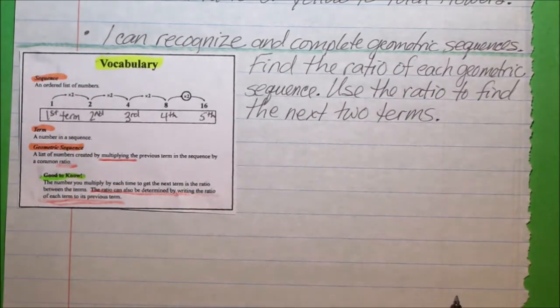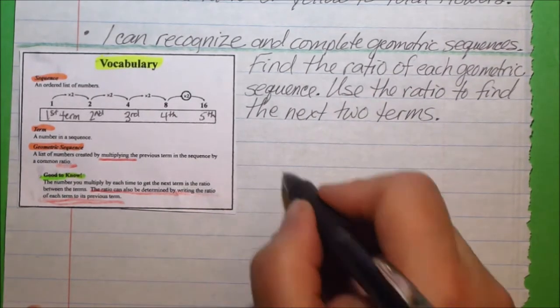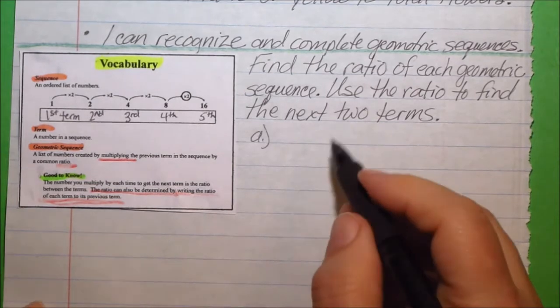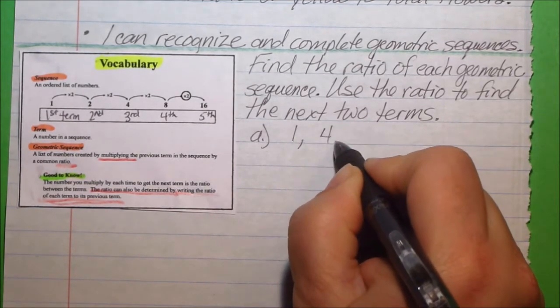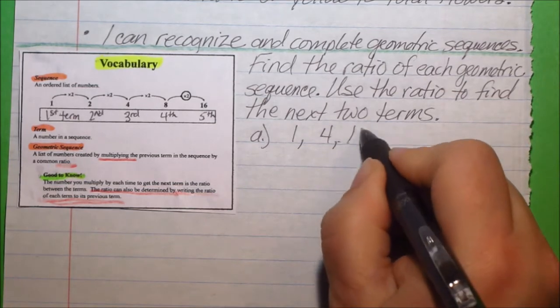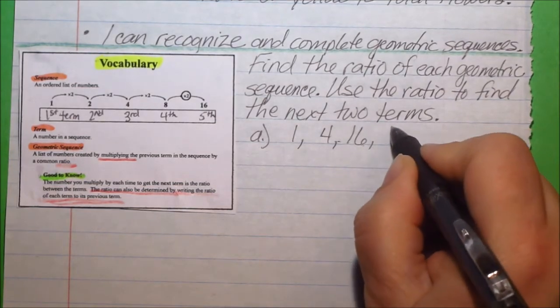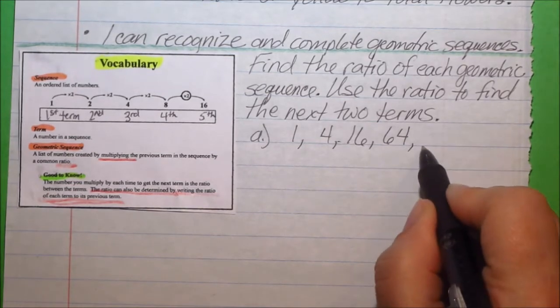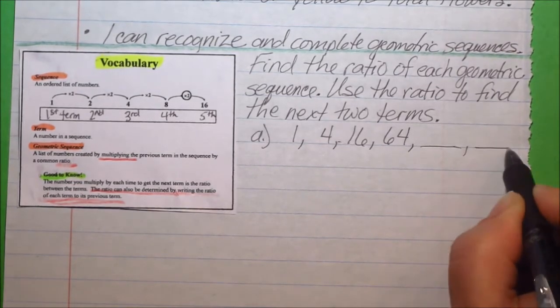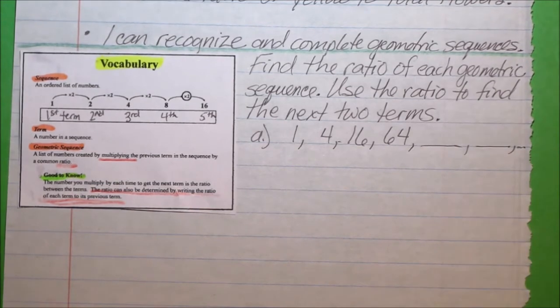Okay? All right, so part A. Here are our numbers: 1, 4, 16, 64, and then we're going to find out what these next two numbers are. The sequence will go on and on. All right? Okay, so how do we do that?